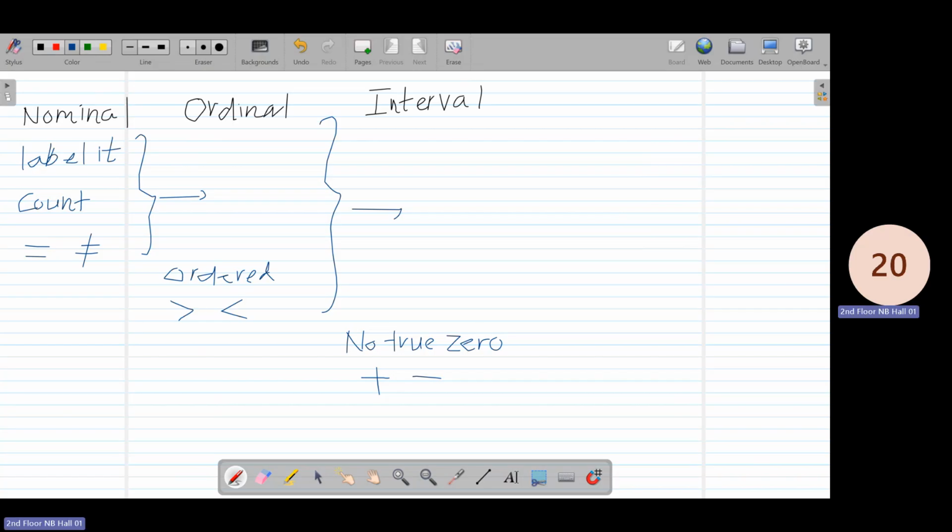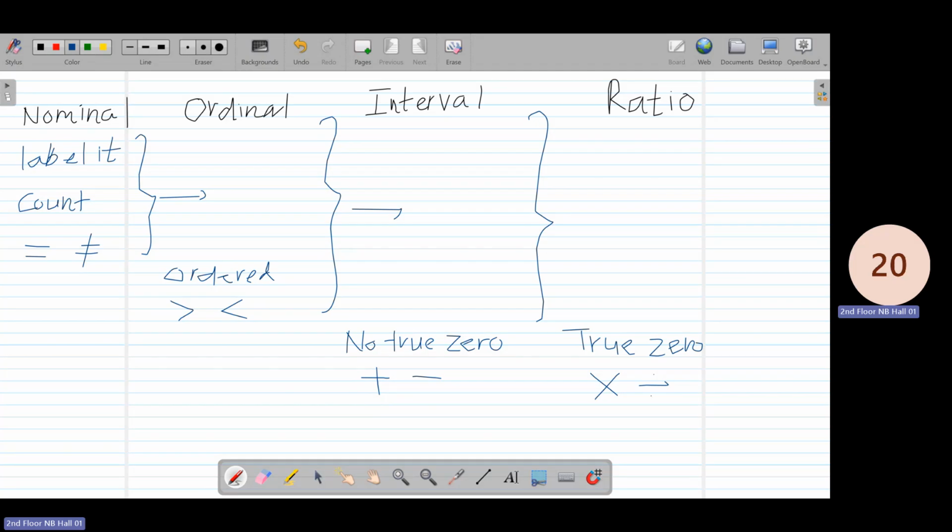Okay. Then the last one is ratio. It consists of all the features from the interval, but here a true zero point is there. And then we can apply multiplication and division.